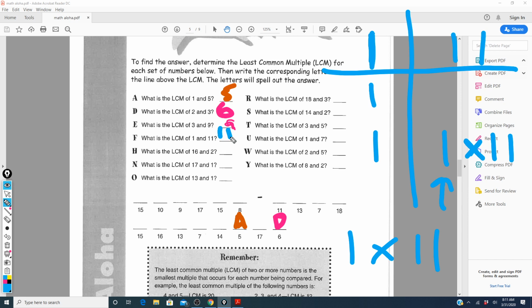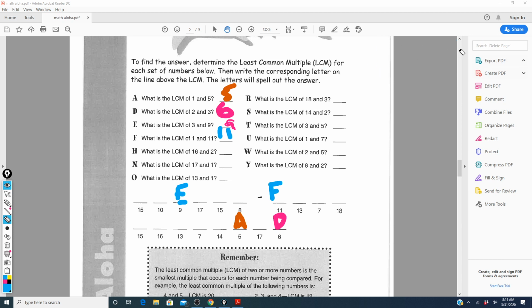So with the 9, let's put the F down here, right? Hopefully this is making sense so far. It's kind of rolling through this. You look at 16 and 2.